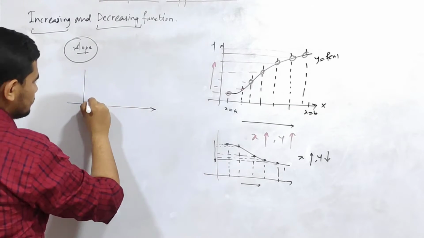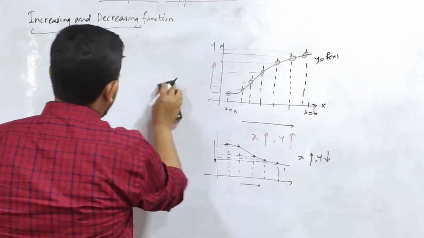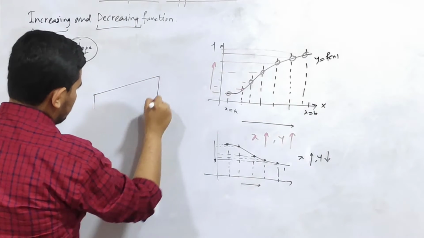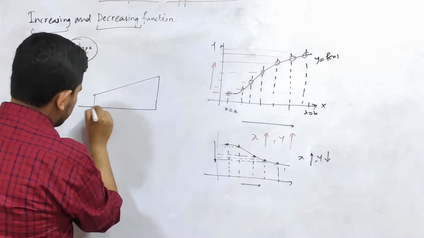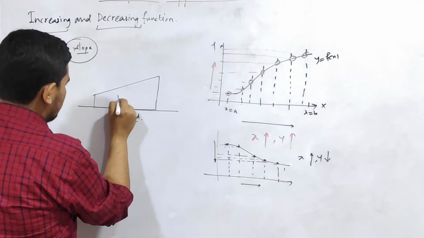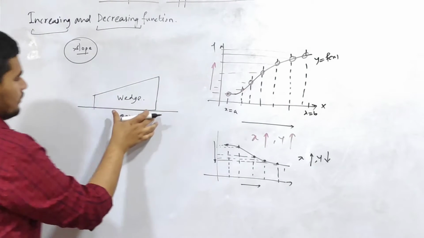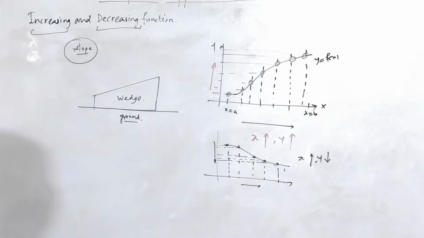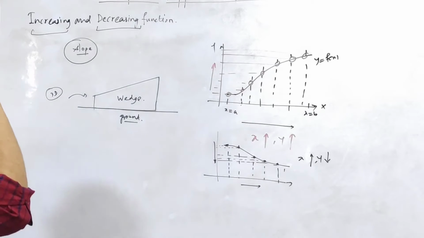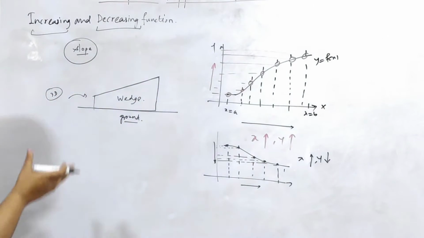Let me give you a practical example. Let's suppose this is the ground, and this is a waste, a 3D diagram. The line which I am representing is the slope of this surface.